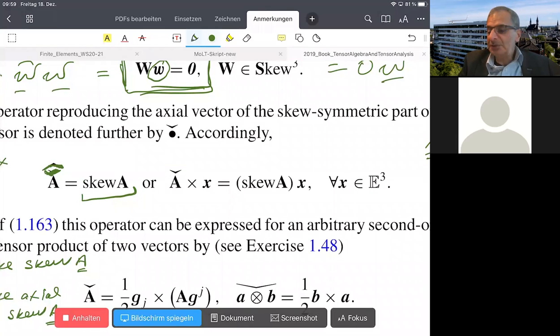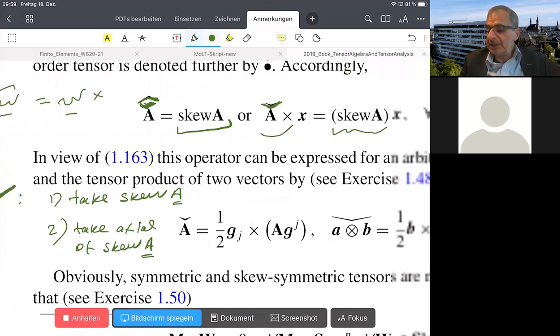Maybe it's even easier to understand this operation. So you see this is a new operation. It once more takes a skew-symmetric part and calculates the axial vector. Then again the vector product by this axial vector as a tensor gives back this tensor, but we said that we first apply the skew-symmetric part. That is why it is simply the same as mapping a skew-symmetric part of a tensor by an arbitrary vector x. So these are different definitions.